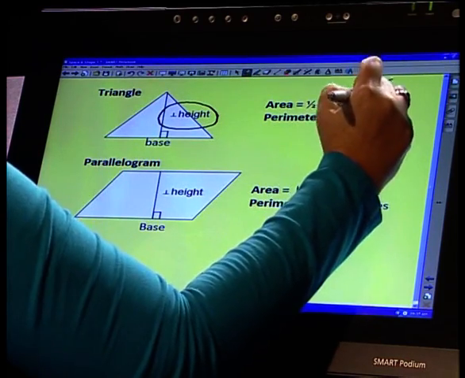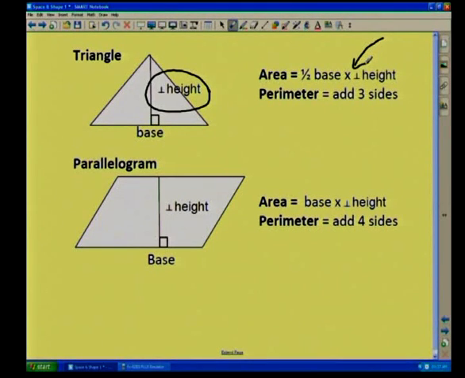This symbol here is perpendicular, which means that it is at right angles, which is this symbol here, to the base. Similarly, with parallelograms also, you need to use a perpendicular height. It's the base times your perpendicular height.